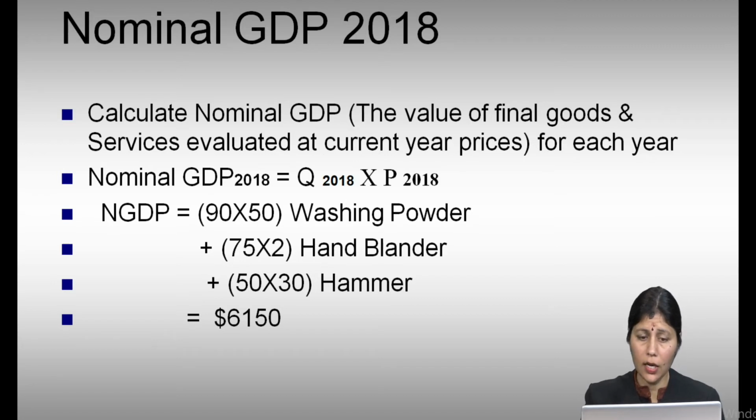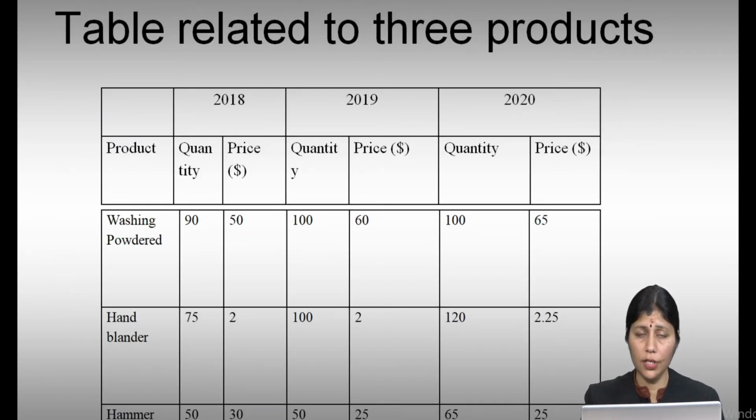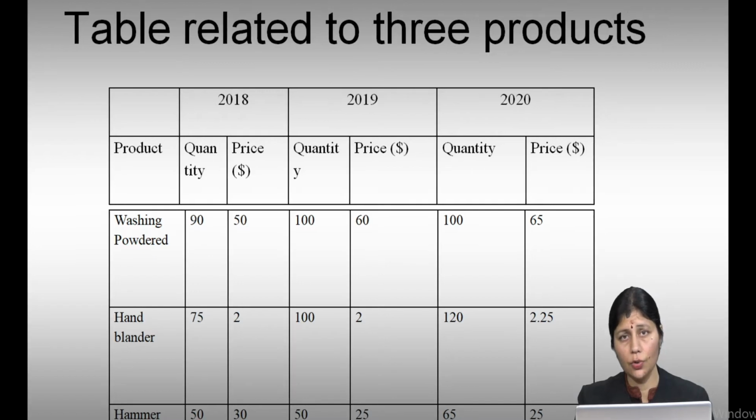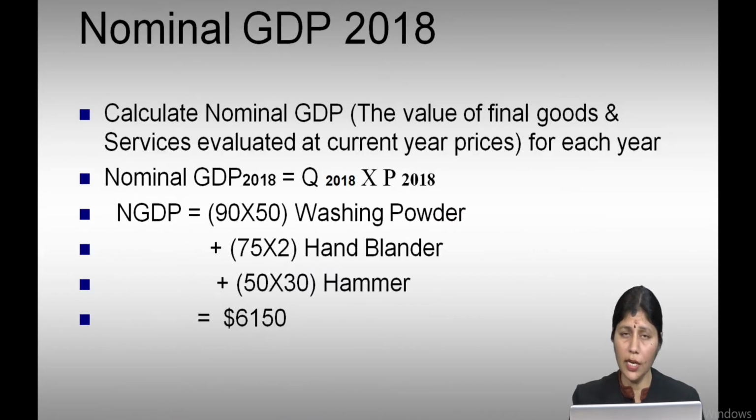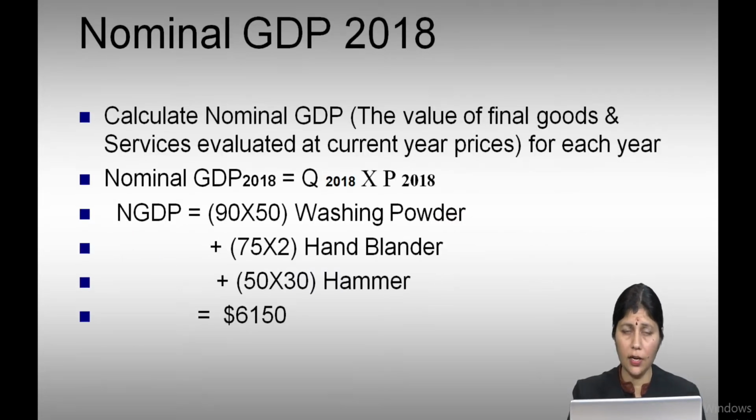Another product is the hand blender, with a quantity of 75 units and a price of 2 for each unit. In the next slide, we multiply the quantity of hand blenders by the price of hand blenders, so 75 multiplied by 2.